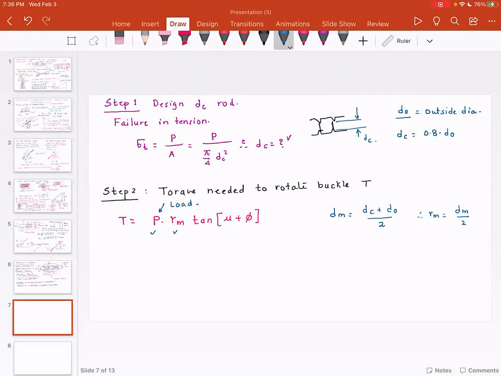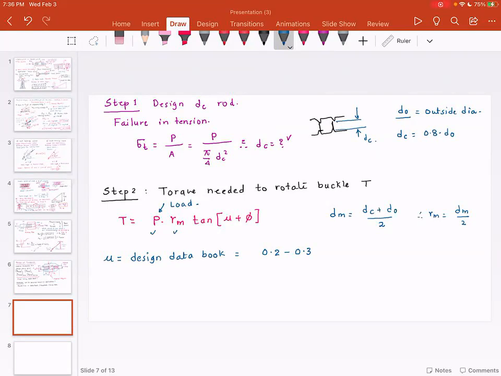I do not know the value of mu and phi. Now the value of mu depends upon the materials that are in contact. And you can use the design data book for the appropriate coefficient of friction. Now usually the value of mu can go anywhere between 0.2 to 0.3.